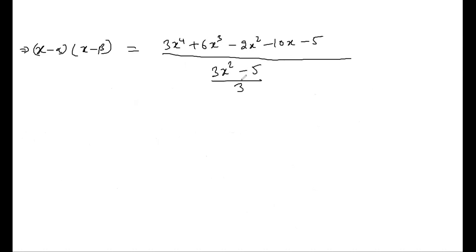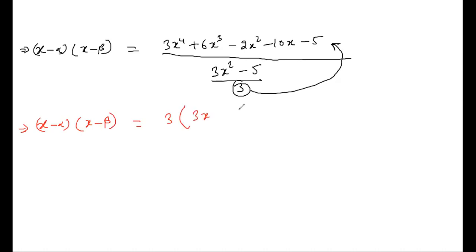So now this 3 will go on the top with the multiplication with it, correct? Yes, sir. So we can write down next step x minus alpha, x minus beta, and I will write down 3 times 3x power 4 plus 6x cube minus 2x square minus 10x minus 5 divided by 3x.